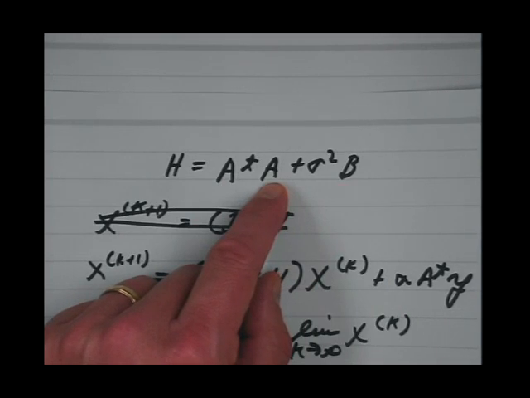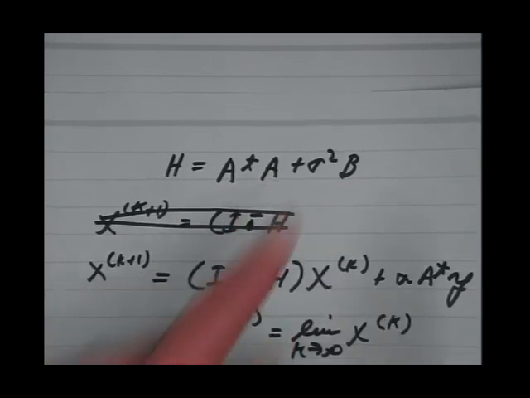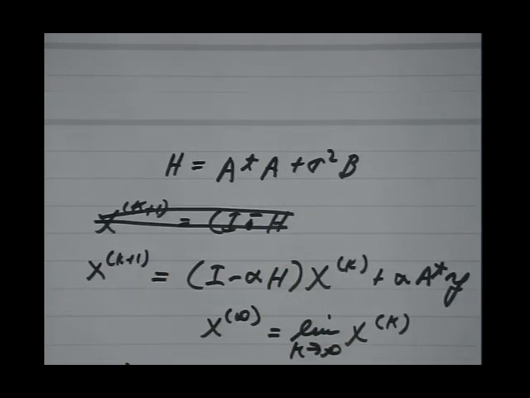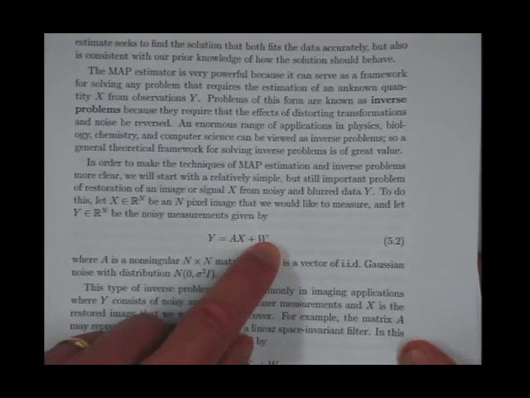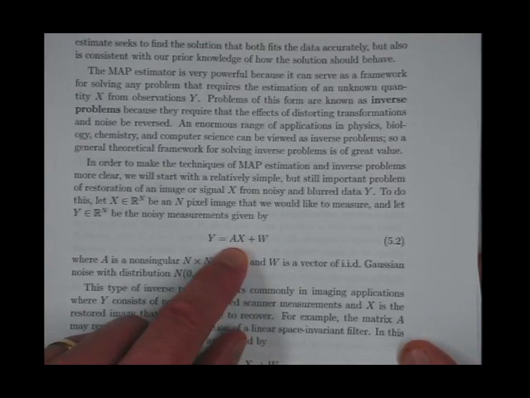So remember, in our problem, we're observing. Let's wind this back and make sure everybody's on the same page, so we haven't forgotten what problem we're solving. We observe y equals Ax plus some noise. A is the matrix through which we observe x; we don't directly observe x.